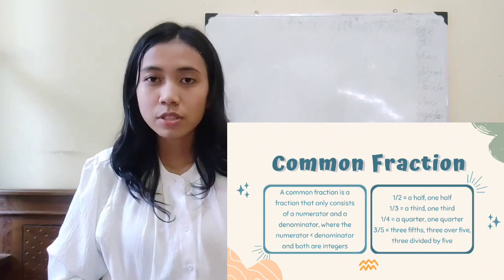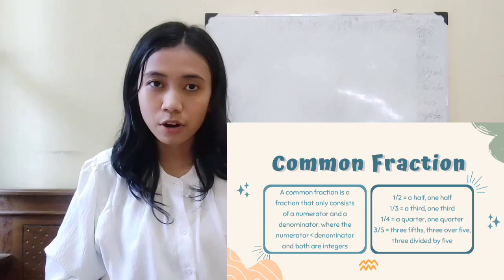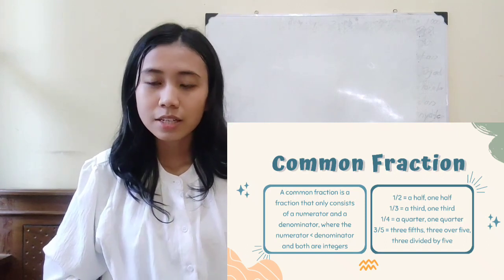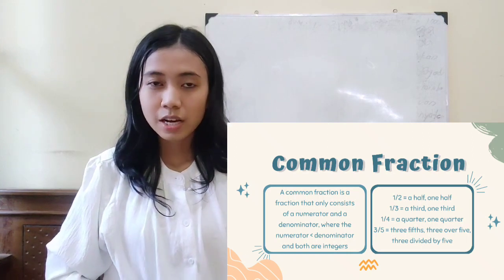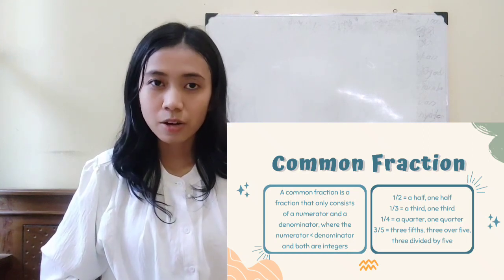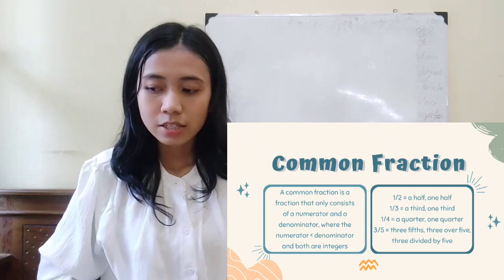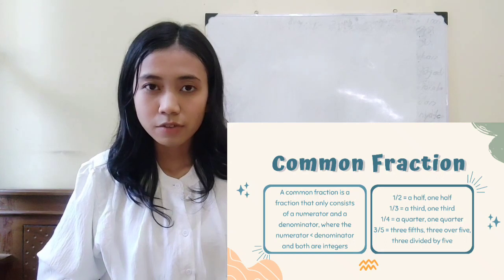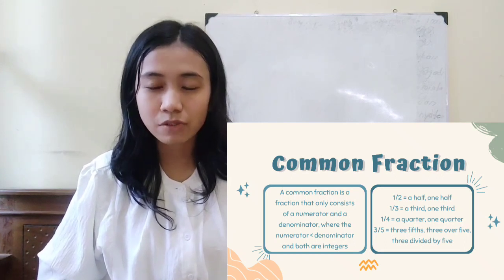To pronounce a common fraction, we can say a half or 1/2, a third or 1/3, a quarter or 1/4, and 3/5, or 3 divided by 5.